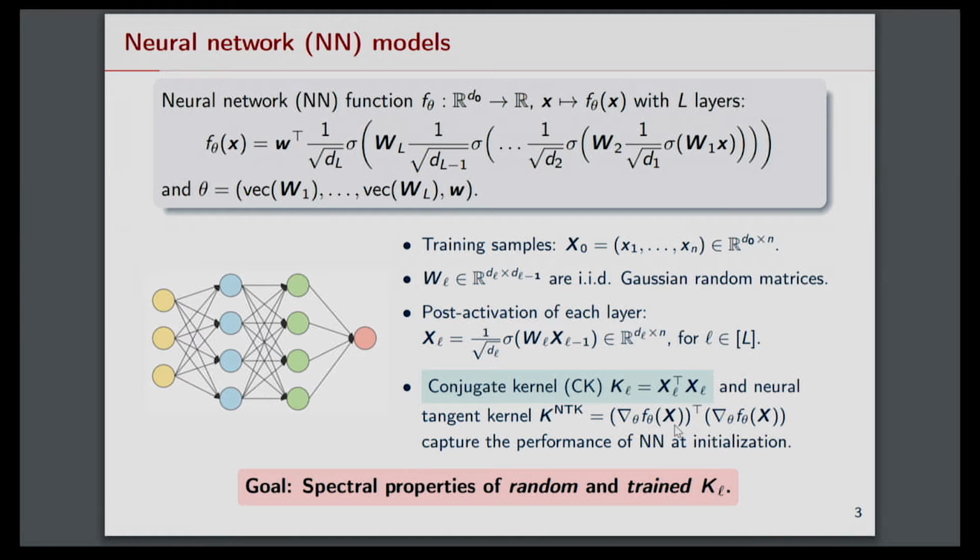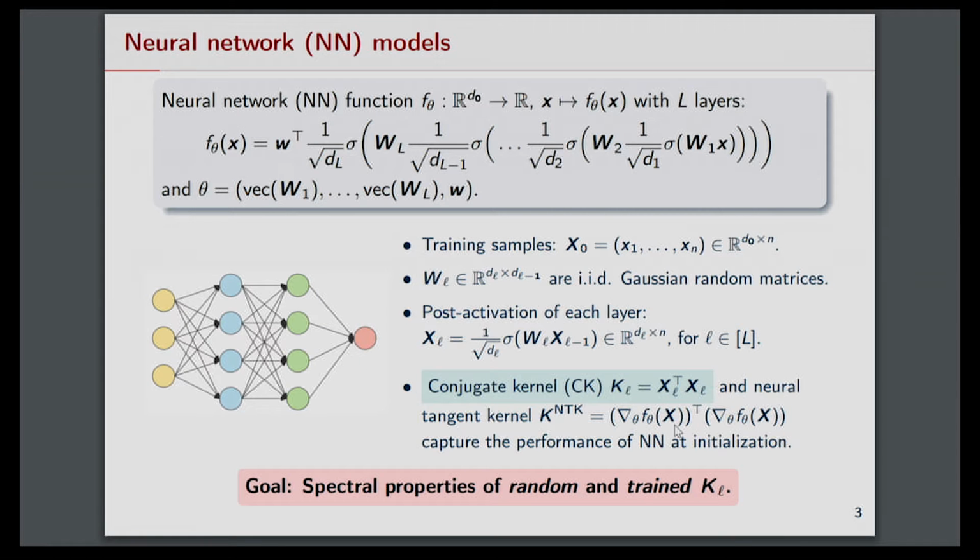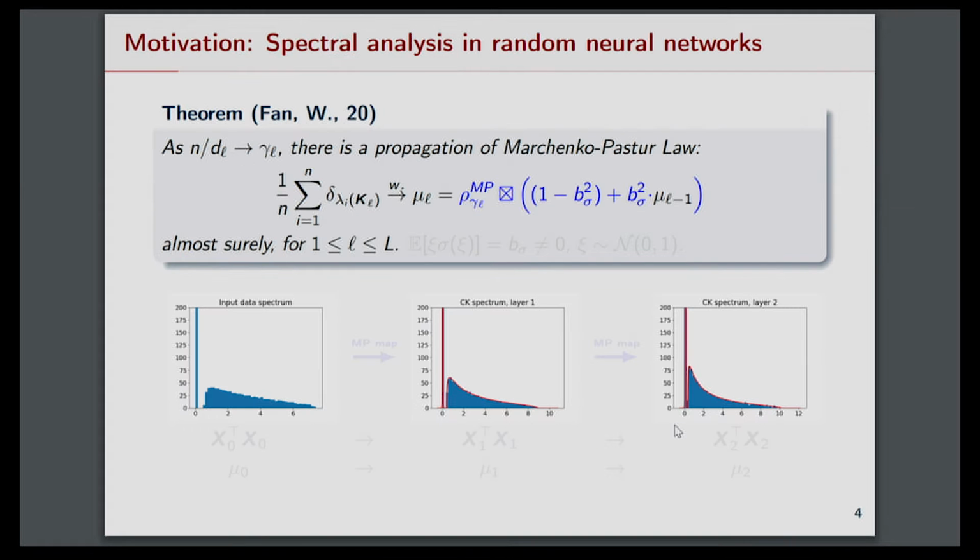Okay, so that's the setup. Previously, there are some results for the limiting eigenvalue distribution of the KL matrix at each hidden layer. Zhou and I analyzed the spectral distribution of the eigenvalues of the KL matrices at random initialization with the proper scaling.